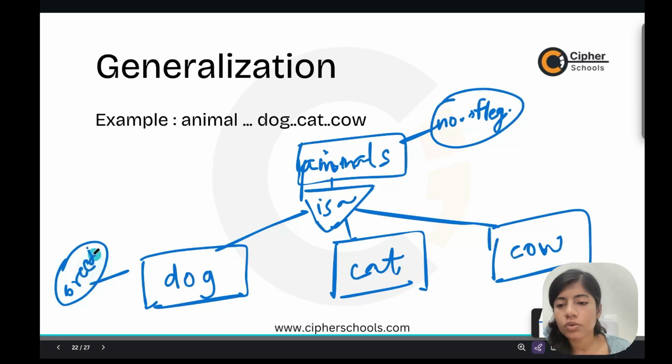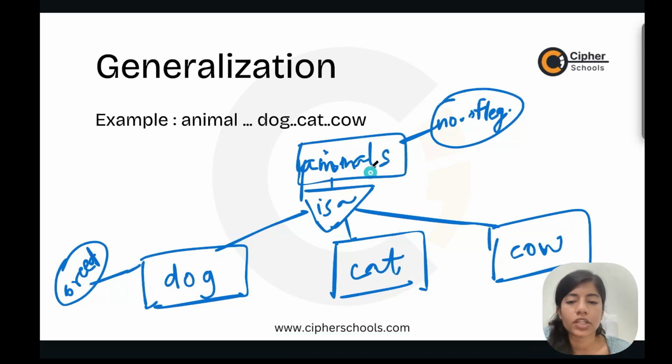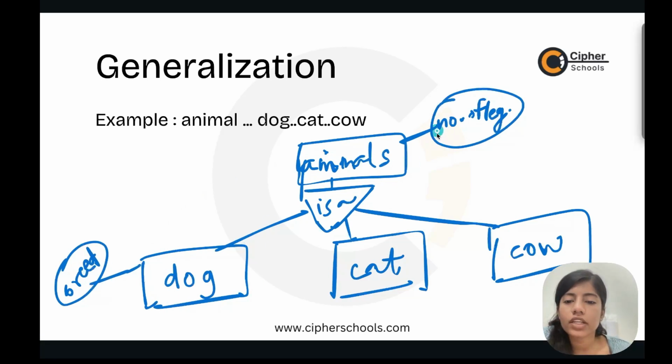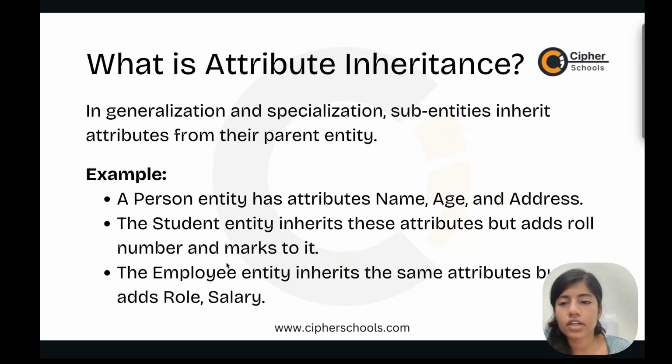So what I can say is, for my dog entity, it is assumed that it inherits the attributes of its parent. My dog entity is not only having breed as its attribute, but number of legs is also an attribute of this dog entity. So what I mean by attribute inheritance is, in generalization and specialization, sub-entities inherit attributes from their parents.